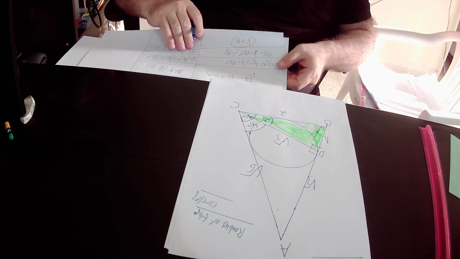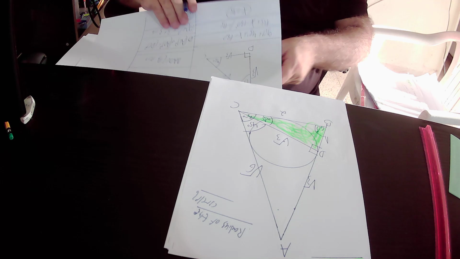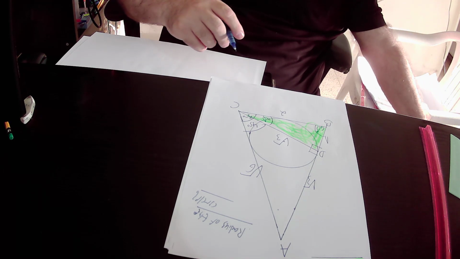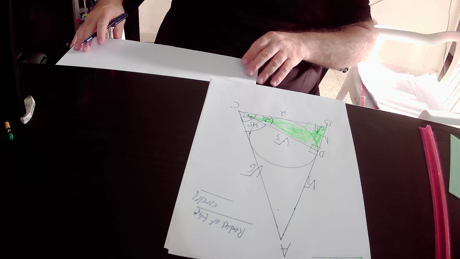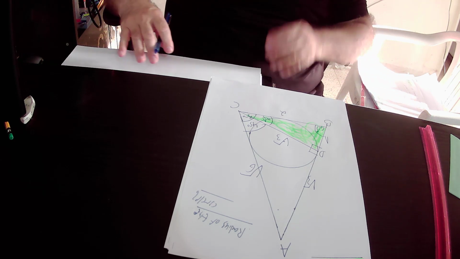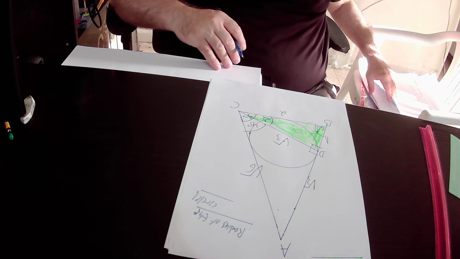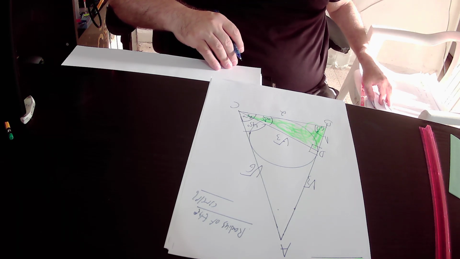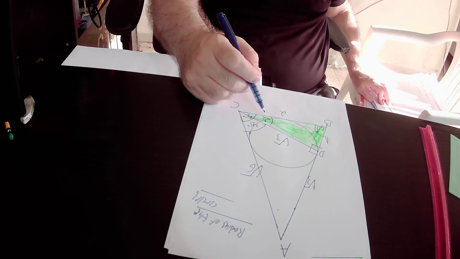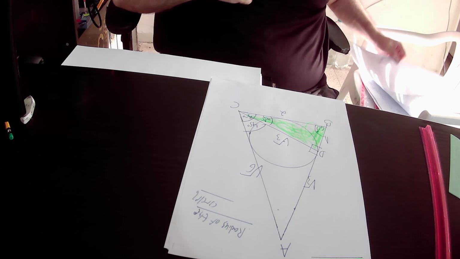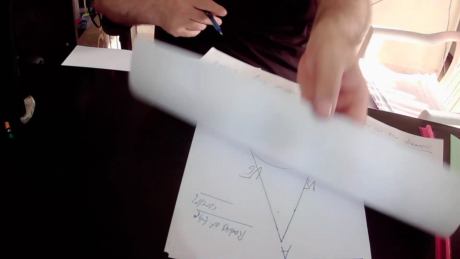Okay, so here we found the lengths of all the sides of triangle ABC. Now we can find the radius of the circle that is described by triangle ABC according to a new formula.